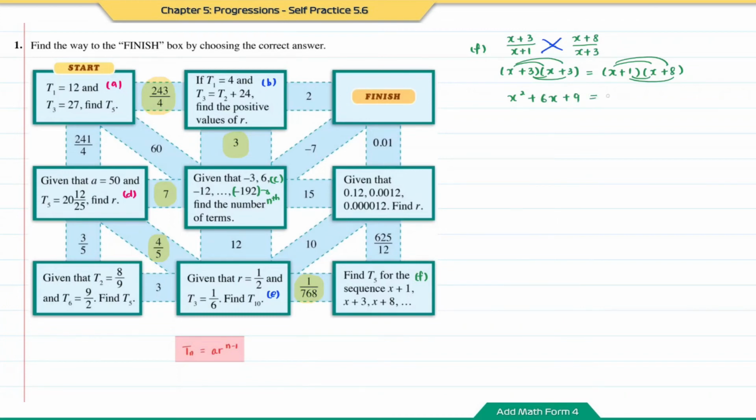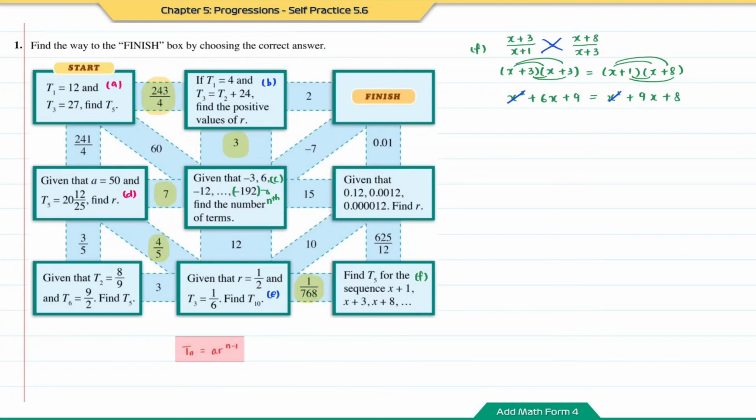Whereas on the right hand side, after the expansion, you're going to get x squared plus 9x plus 8. So the x squared on both sides will be cancelled. Let's say you move the right hand side x squared to the left hand side, it will be x squared minus x squared. So the x squared here, both of them will be cancelled.